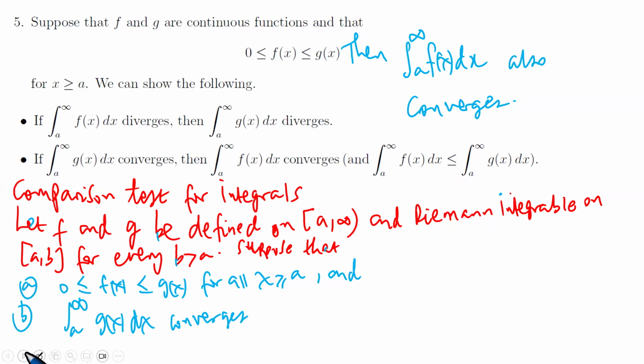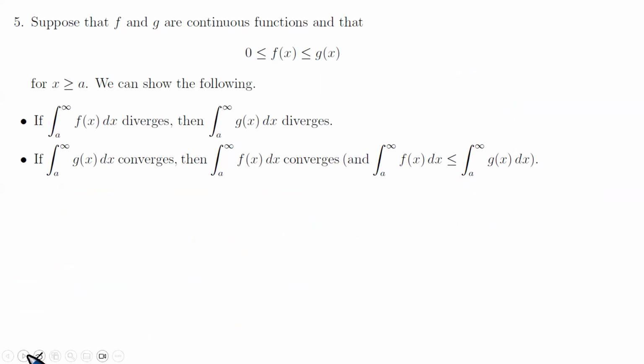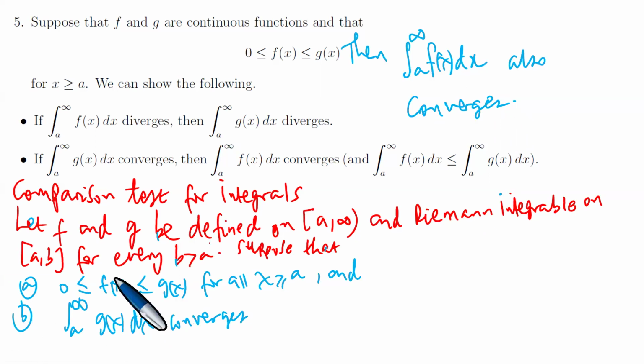Then we proceed as follows. Okay, this is the comparison test. It's sort of the theorem.